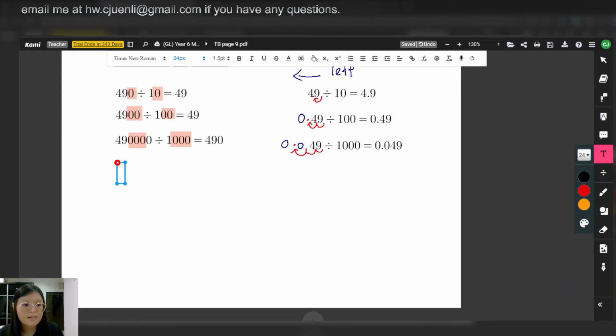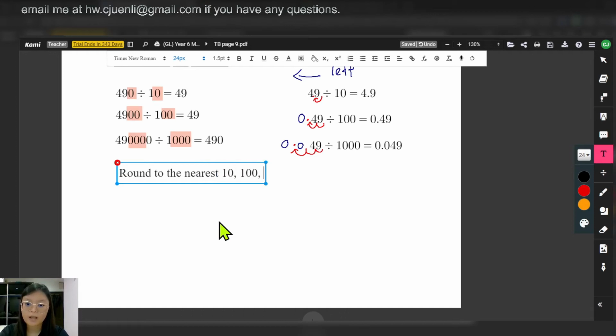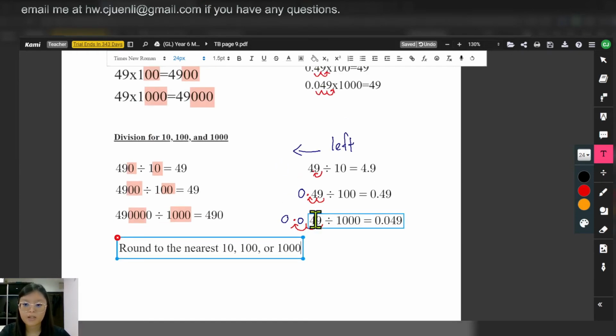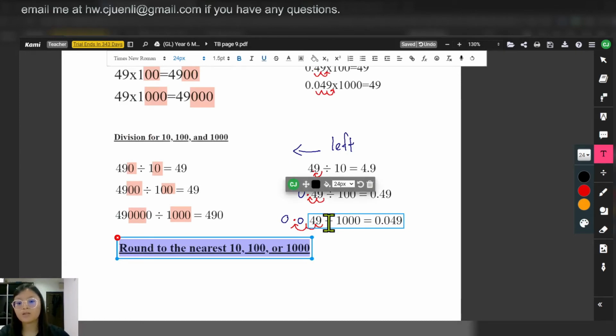Okay, let's see. Rounding. When rounding numbers, we usually see the questions as round to the nearest 10 or even 100 or even 1000. Right, so this one is something that you need to focus on.